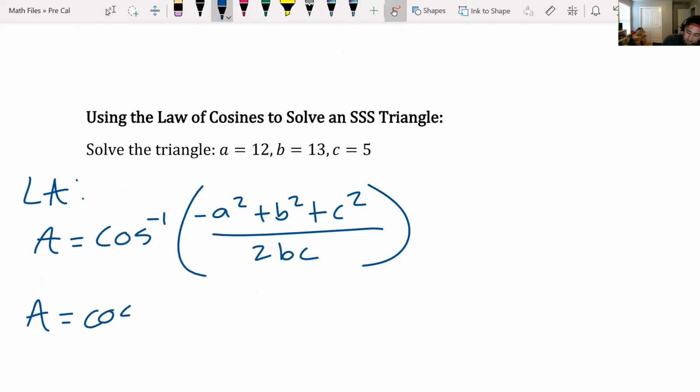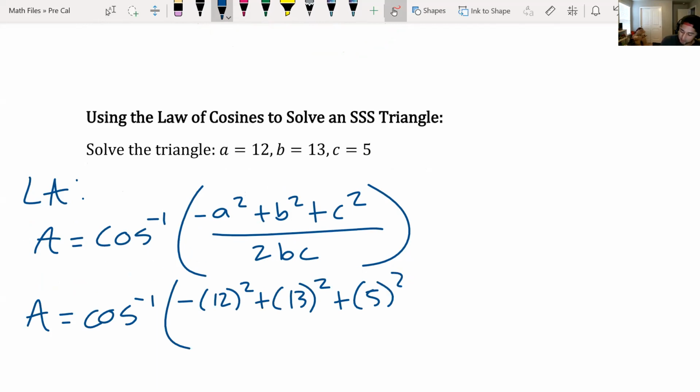A is the inverse cosine of negative 12 squared plus 13 squared plus 5 squared over 2 times 13 times 5.